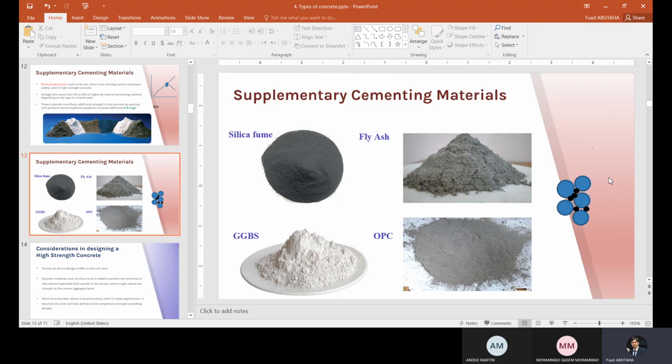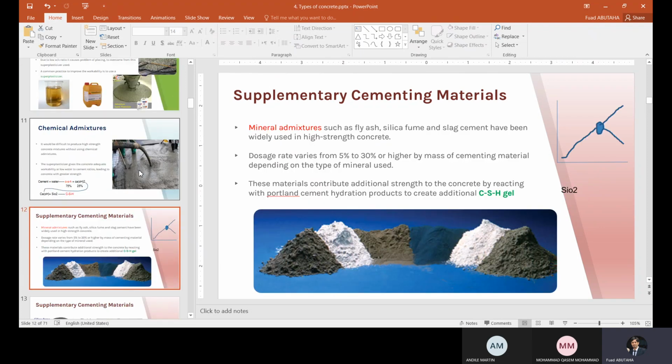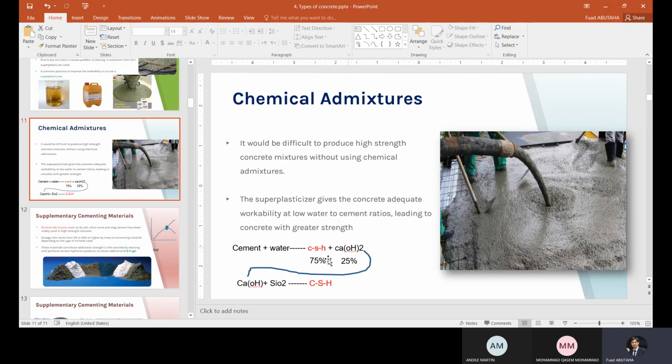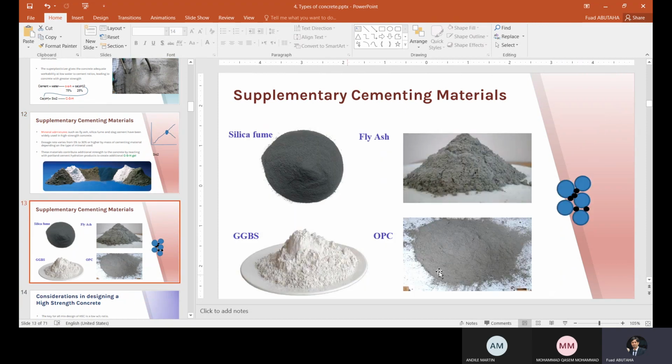So this is another contribution from the silica fume, in addition to the chemical contribution. We also have the particle size contribution. We start to fill all the spaces between the particles. It will also make the concrete more compacted and will increase the strength of concrete.